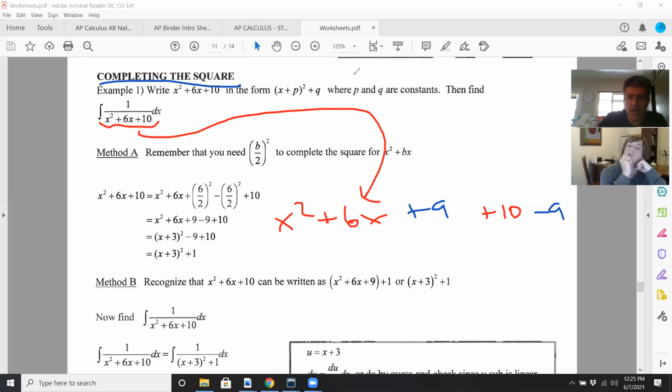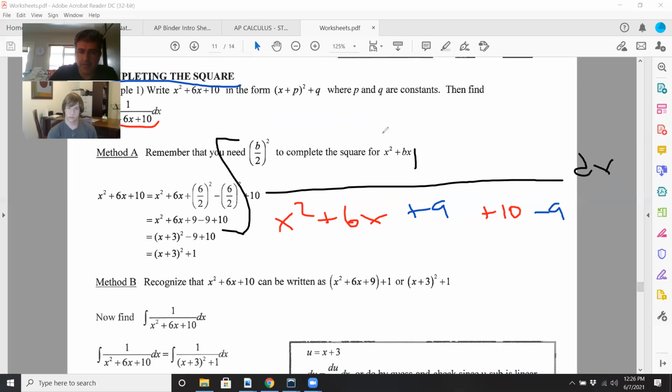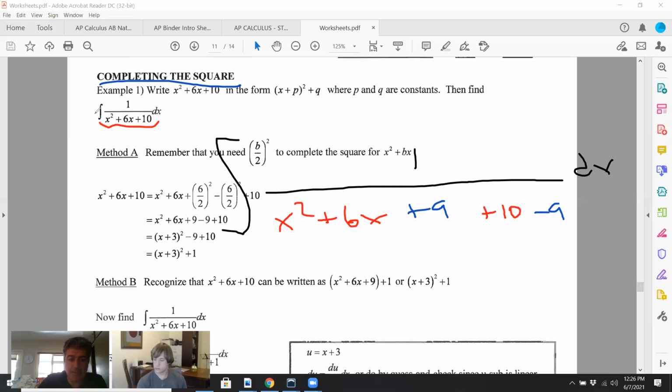So the denominator, so the fraction, becomes this. This is what I'm really integrating. So I rewrote the expression I'm integrating. Instead of x squared plus 6x plus 10, I have x squared plus 6x plus 9 plus 10 minus 9.